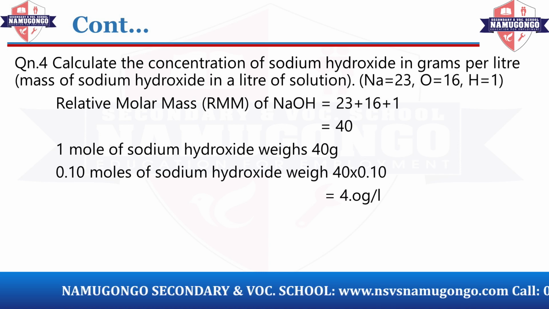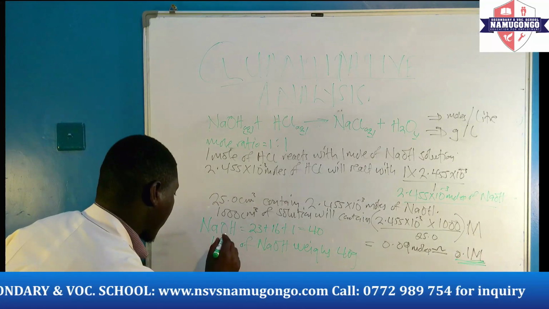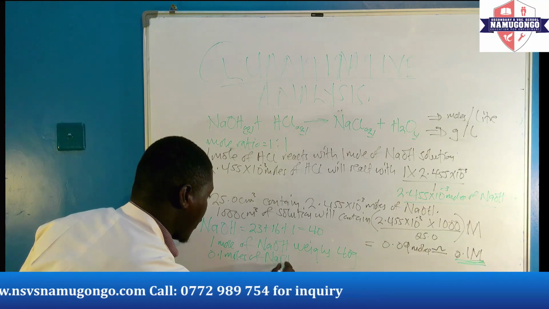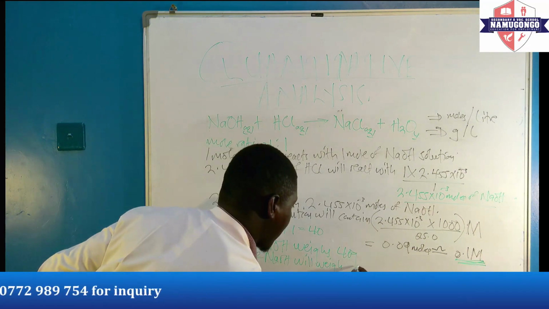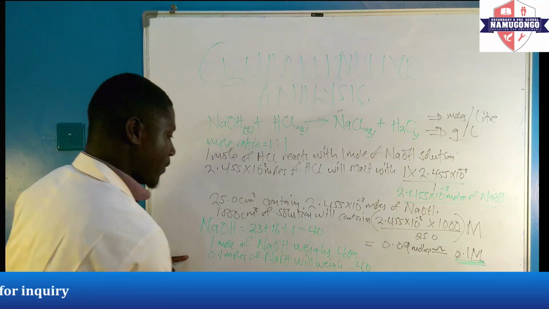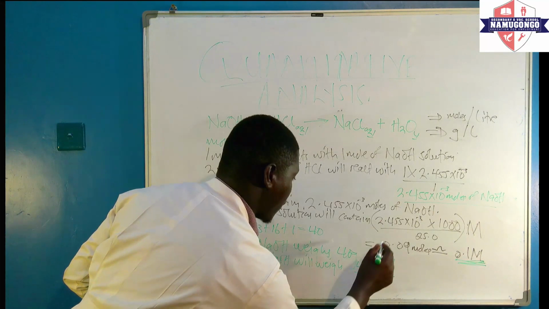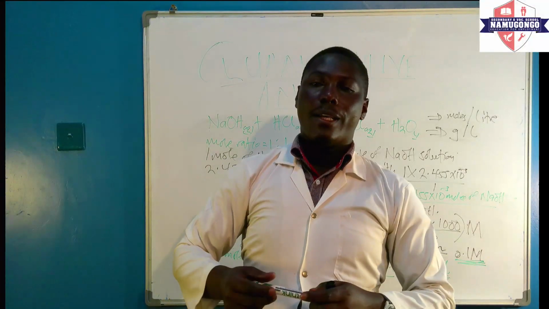So if you treat moles in 1,000, we can get the mass in 1,000. What about the 0.1 moles of the same sodium hydroxide? We get the 40, times the 0.1, divided by the 1 which we had down here, and you come up with 4.0 grams per liter. This is now our concentration in grams per liter.